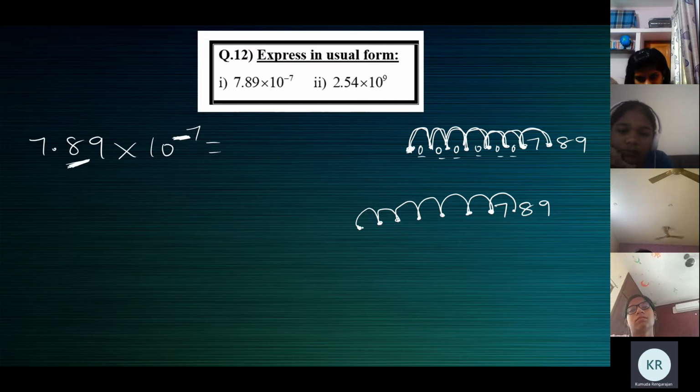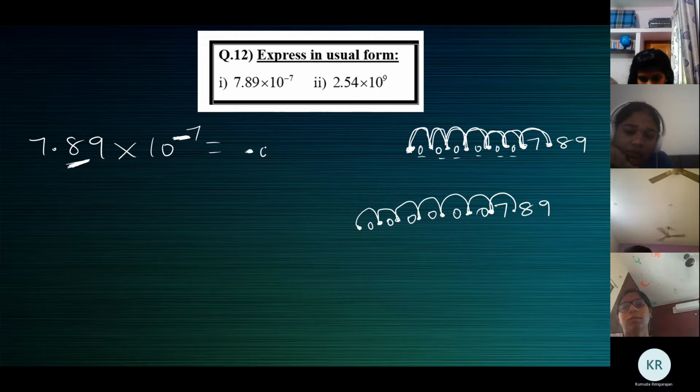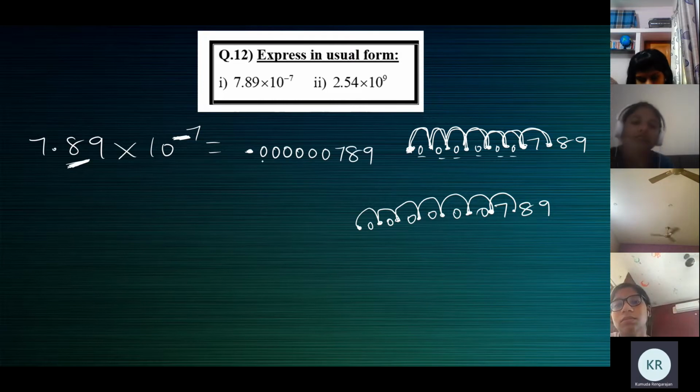It should be here. So 1, 2, 3, 4, 5, 6 zeros, then 7, 8, 9. And you can add a 0 here before the decimal point.